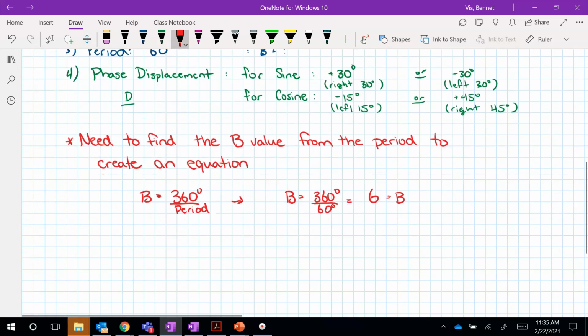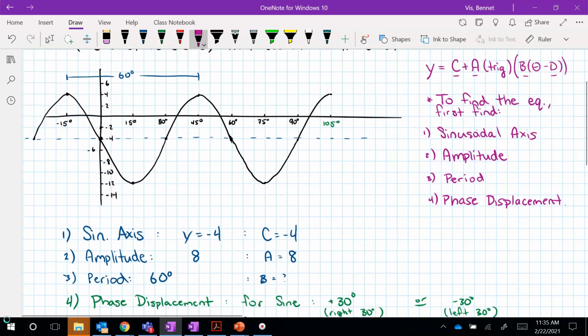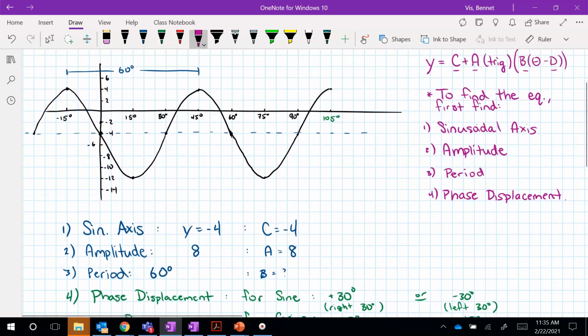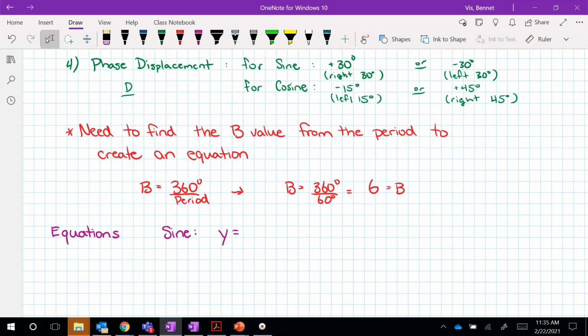So now let's make our equations here. I asked for 2, 1 sine, 1 cosine. So let's do my sine function first. I'm going to have y equals, it's always c plus a times the sine of b times theta minus d.